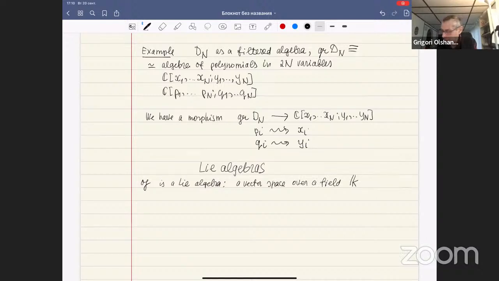I will write simply C, but it can be an arbitrary field. And there is some bilinear map, which is called bracket.